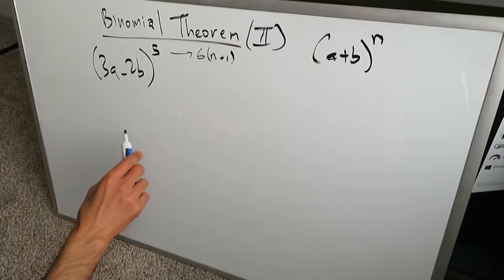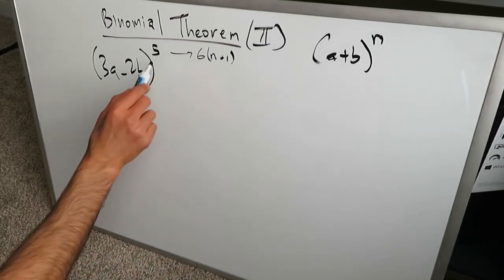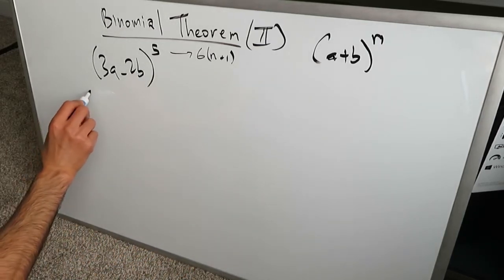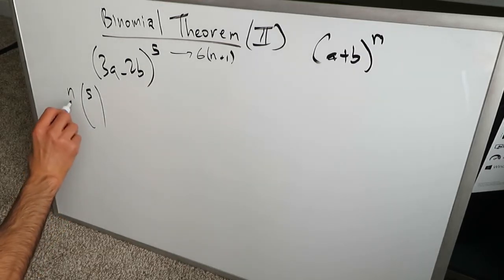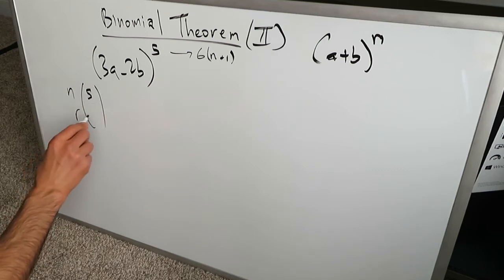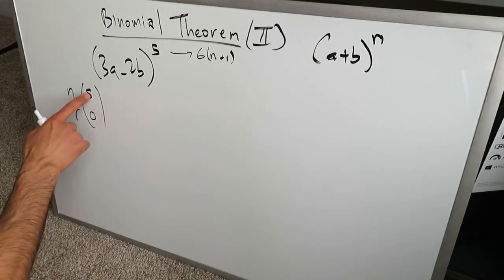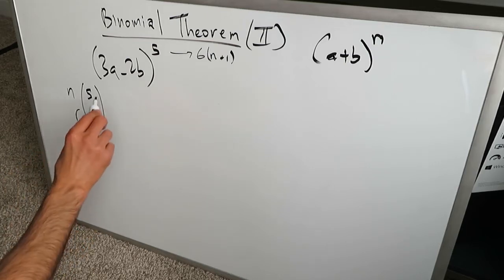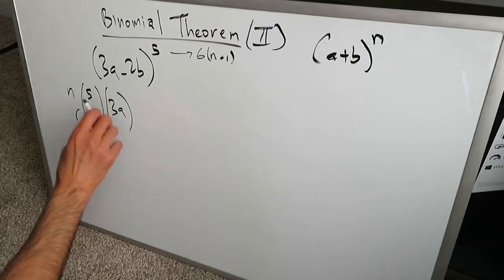So let's show you this in terms of the expansion. The first thing we're going to do is write it in the nCr form. We're going to write 5 in this form. Remember our nCr? The first number you're going to put down here in place of r will be a 0 because you're going to sequentially work 0 up to 5. And then you know your binomial expansion is completed. And then we'll put 3a over here because this is my a.